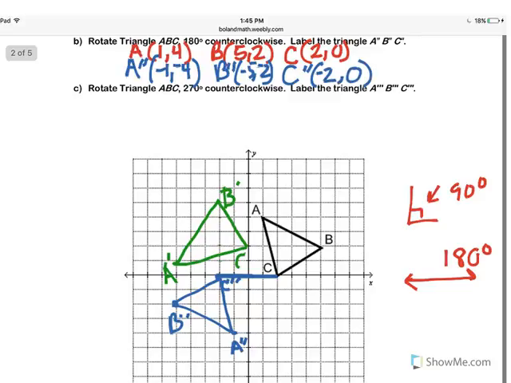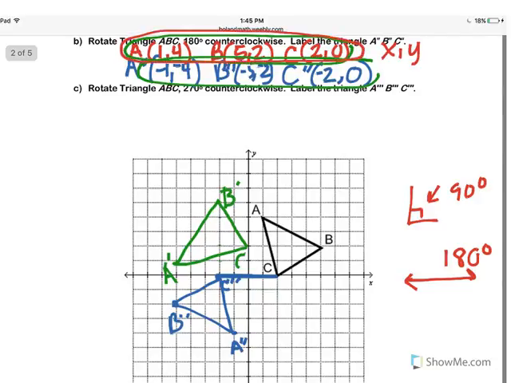So if we're comparing these two, if you look at the original to the new coordinates, you can see that the position of X and Y stay the same. The only difference is that the sign changes. So if this was our original X and Y up here, these are all of our original coordinates, then the change would be that we kept X and Y in the same position, but we made both of the coordinates opposite.